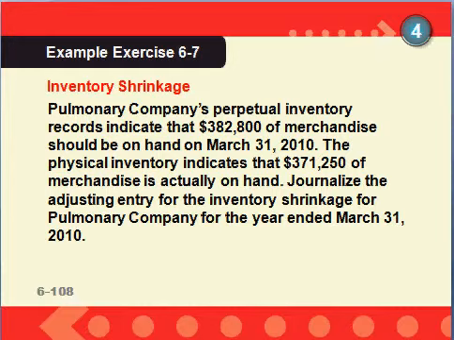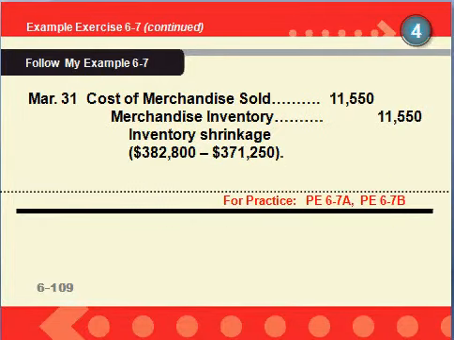So we had a shortfall of what? It looks like $11,550. I think that's right. But let's take a look and see. Yep, $11,550. So Pulmonary Corporation would debit merchandise sold, $11,550, and credit the merchandise inventory, $11,550.